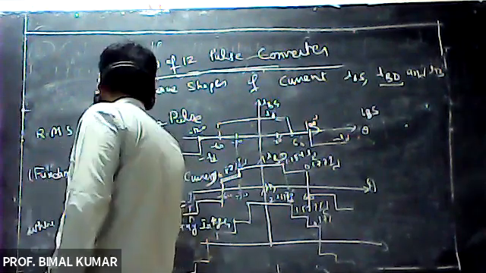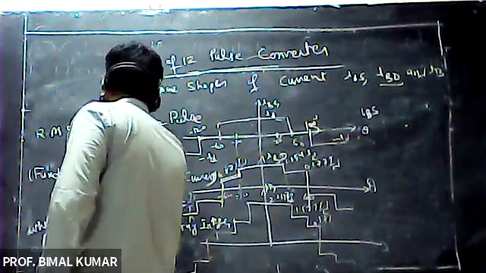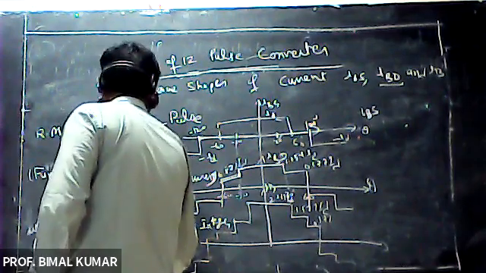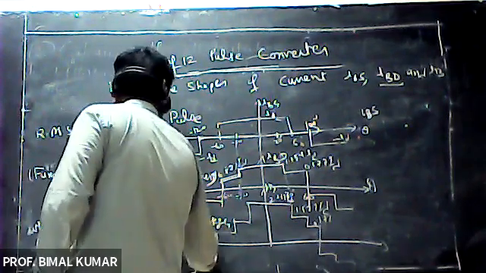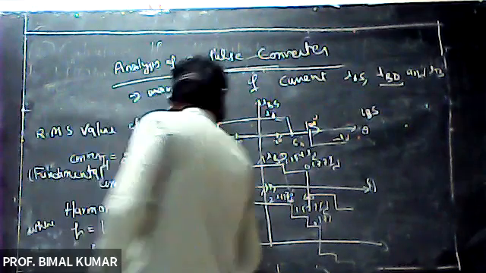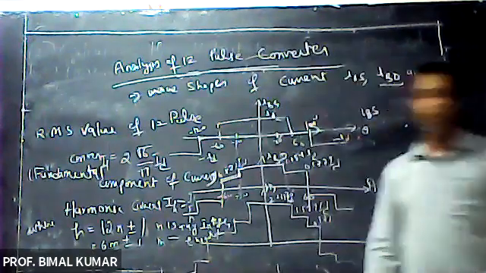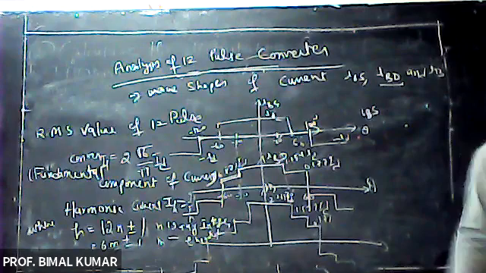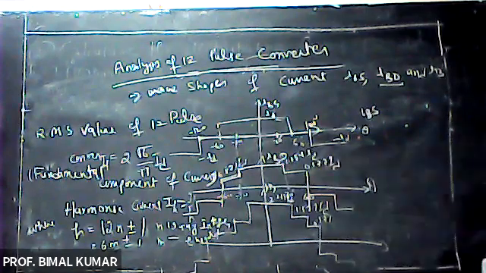Or this may be equal to 6m plus minus 1, where m is any even integer. Both of these harmonics are same value.